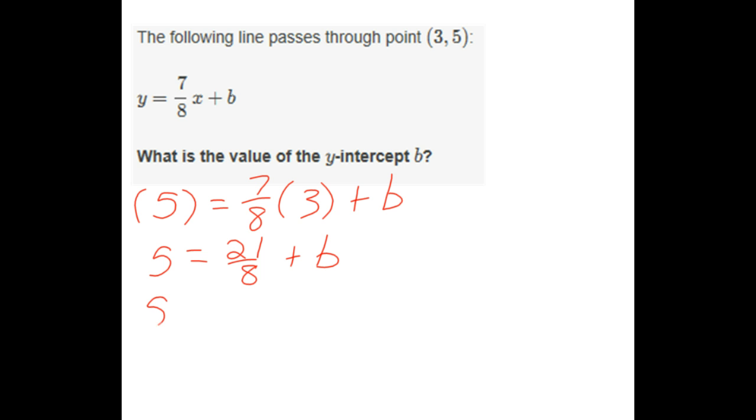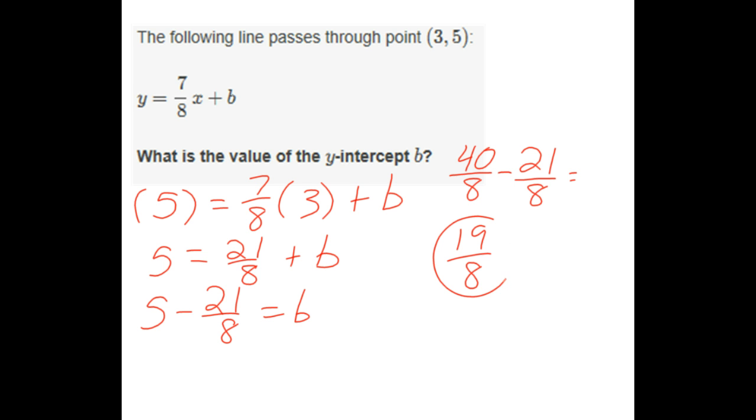I then go 5 minus 21/8 equals b. So I have 5 is the same as 40/8, minus 21/8. That will equal 19/8, and that is equal to b. So you get an answer of 19/8.